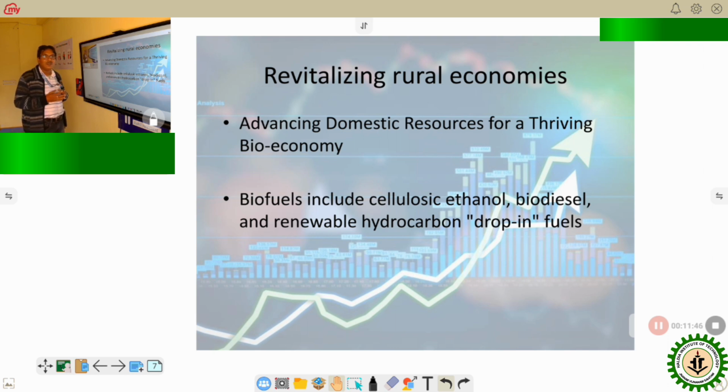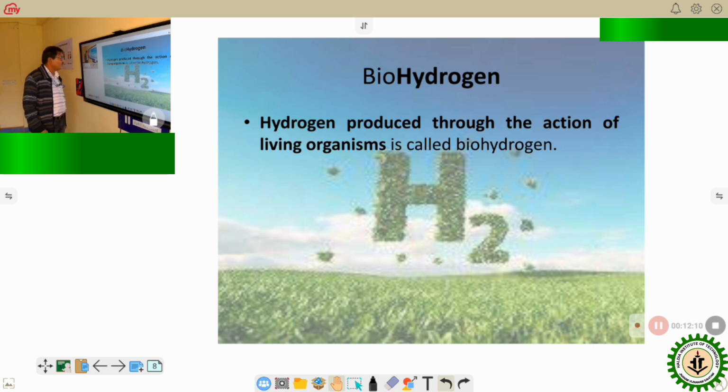So just imagine the farmers or the people having the business for production of biomass that will give us hydrogen for the other uses. Biofuels include cellulosic ethanol, biodiesel, and renewable hydrocarbon drop-in fuels. I hope you understand these points.